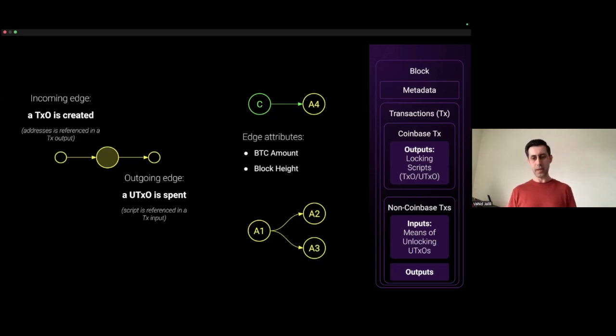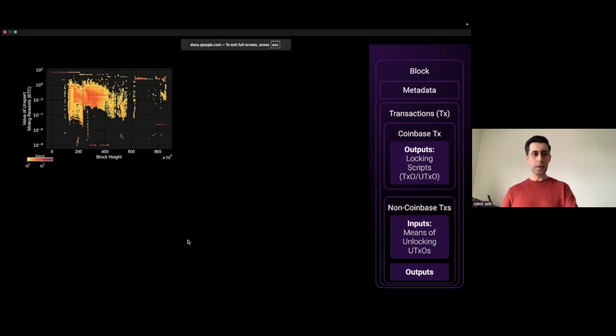If you're developing a model that predicts whether an outgoing edge should be created or not, how long should that model expect? That is a very complex aspect, and a very important one, because if you're building models like anomaly detection, or models related to market prediction, you need to know when someone received some amount of Bitcoin and how long it takes for that person to actually spend it. So there are a set of plots here that explain that.